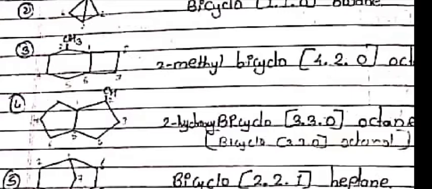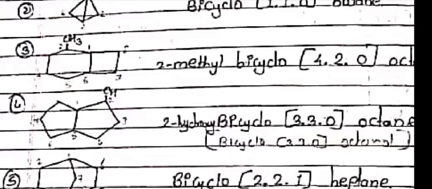In this ring, numbers are given 1 2 3 4. The first is the big ring, having 4 carbon atoms, then the small ring having 2 carbon atoms, then the smallest bridge having 0 carbon atoms. We have two options for numbering the big ring.